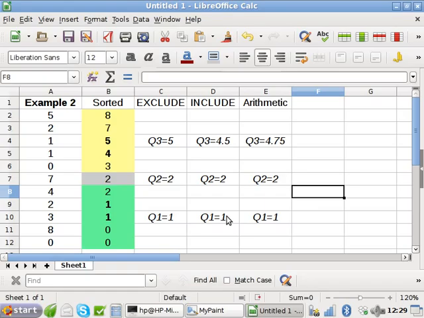Do you understand the arithmetic method is you add both answers together and divide by 2. This is probably the most accurate method because it uses the other 2 and you take an average.